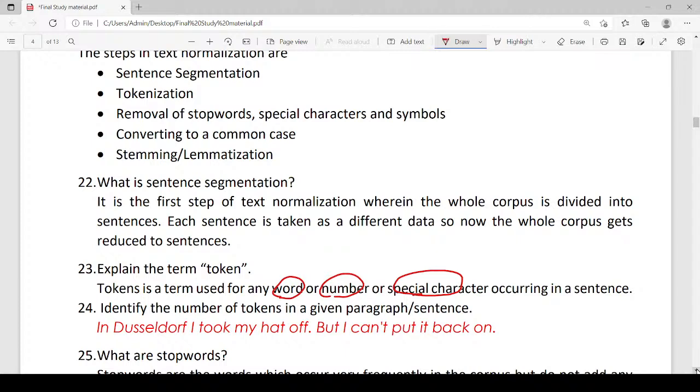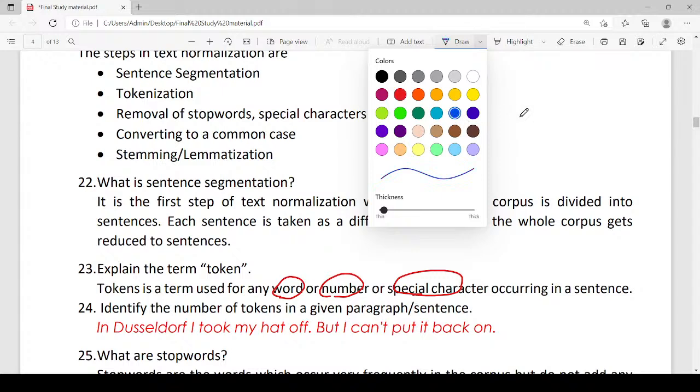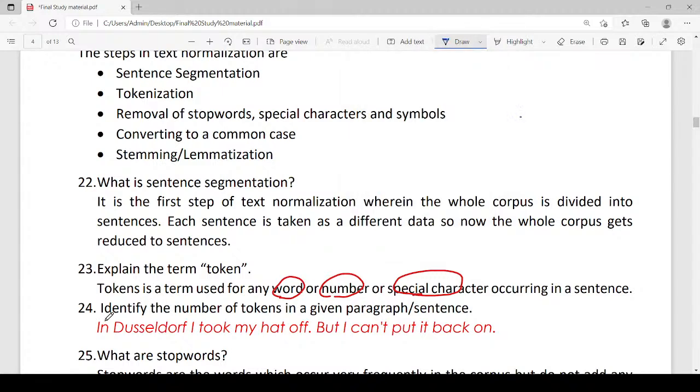Okay. I get mixed answers, 15, 16, 18, 8. Okay. So now I am going to start counting. Let's see if this is the right answer. 1, 2, 3, 4, 5, 6, 7, 8. Full stop is also 1. 9, 10, 11, 12, 13, 14, 15, 16, 17, 18. 18 tokens are there, right?